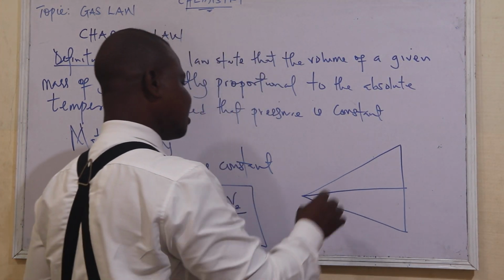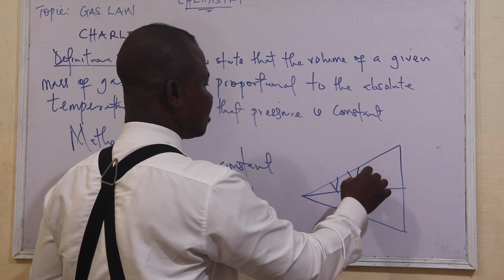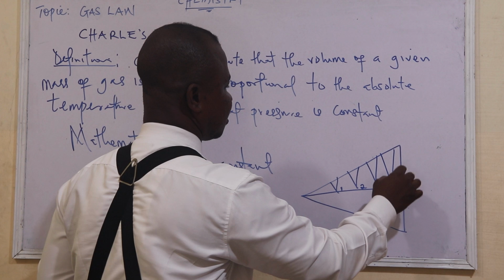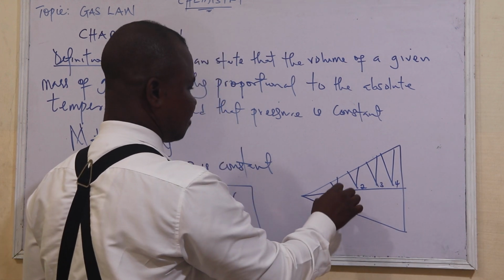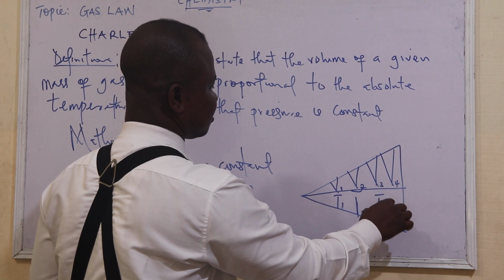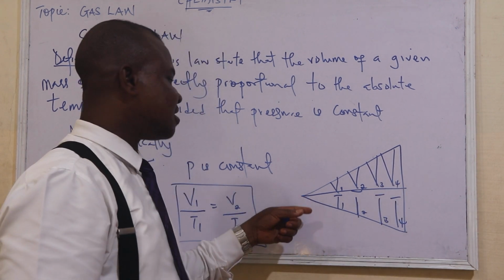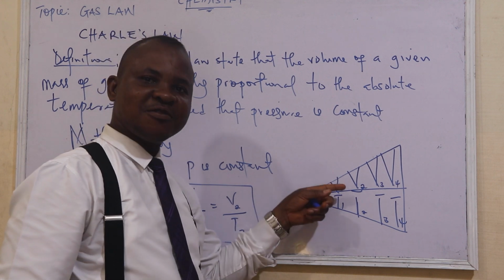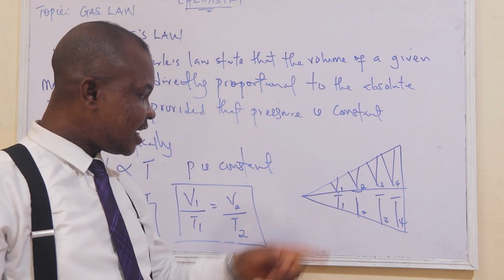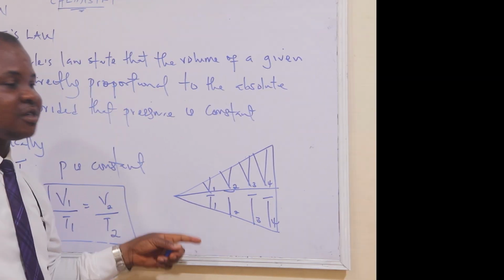Now this is telling us I have V1 here, for instance, I have V2, V3, V4, and I have T1, T2, T3, T4. What does this show us? It shows us that the higher the volume, the higher the temperature. Did you get that?